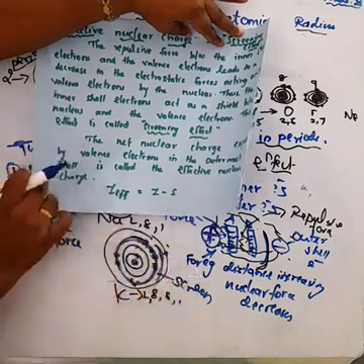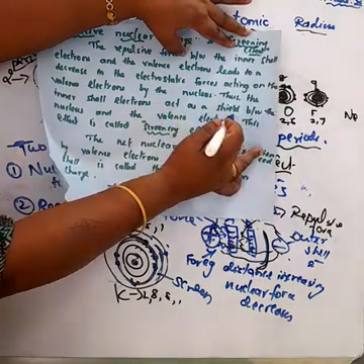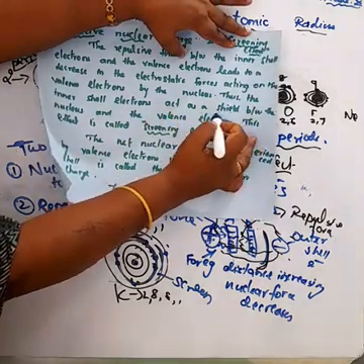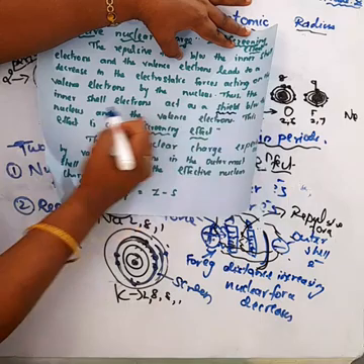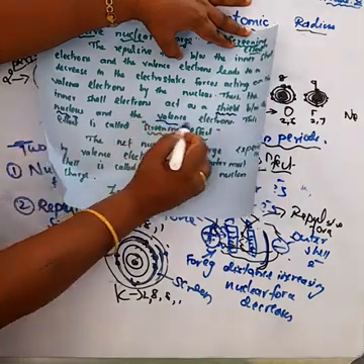Thus the inner electrons act as the shield between the nucleus and the valence electron.